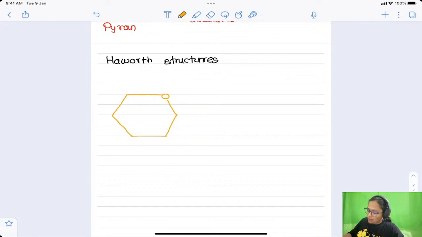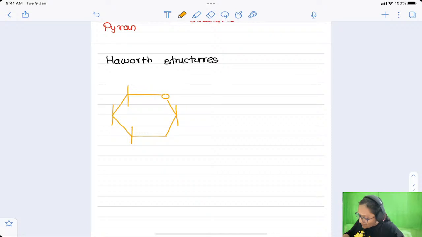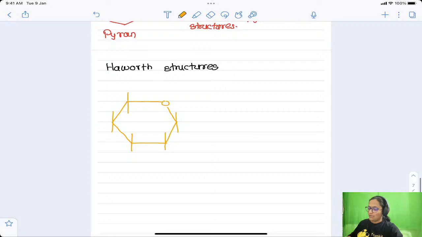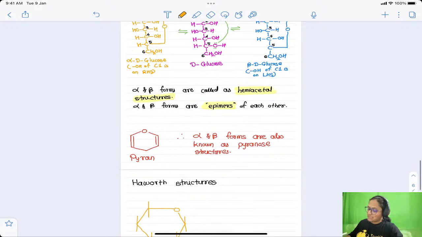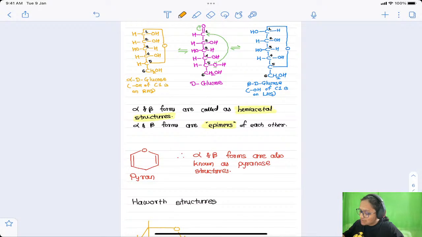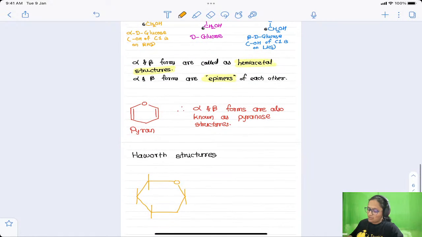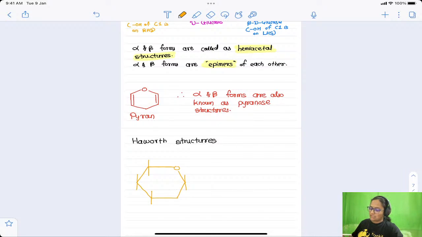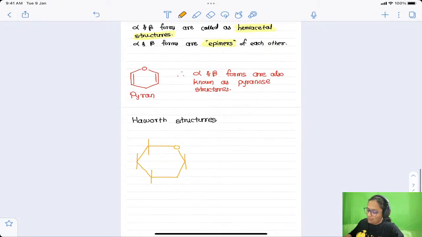Then you are going to draw the bonds like this: one up, one down, one up, one down, one up, one down, up and down, like this. Now from oxygen, if you observe, I'll just minimize this structure. So this is your oxygen. From carbon number 1 to 5 I will draw. I will start from carbon number 1. Just before the oxygen, there is carbon number 1.